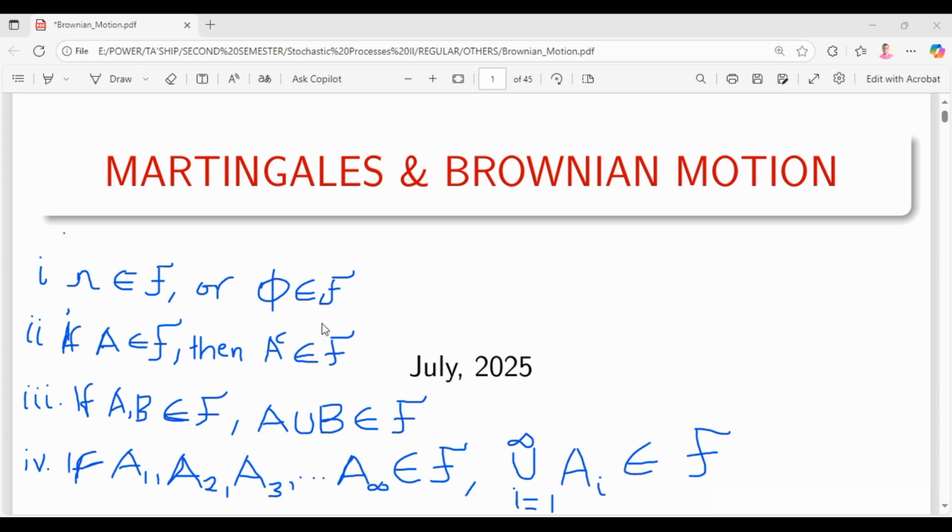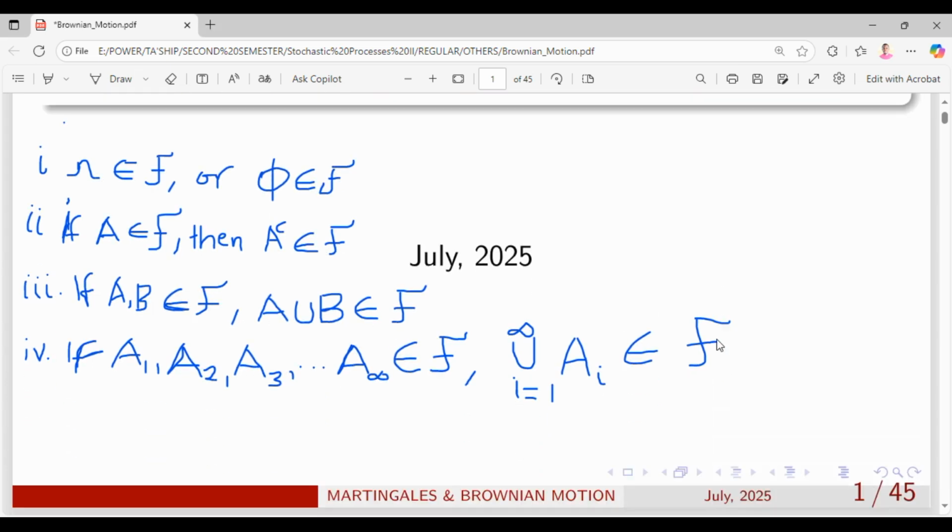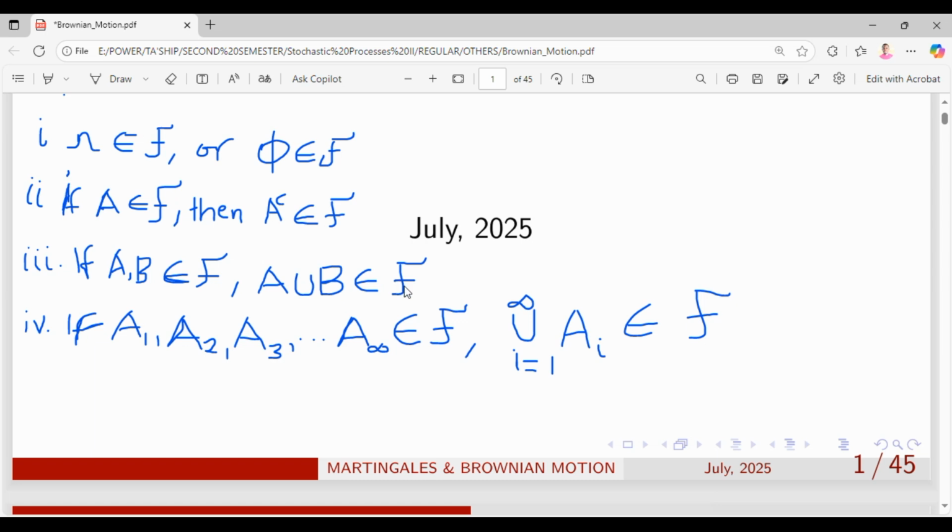If we have any event A which is a member of the algebra, then the complement of this event should also be a member of the algebra. If we have any two events A and B which are members of the algebra, then the union of these two events should also be a member of the algebra.